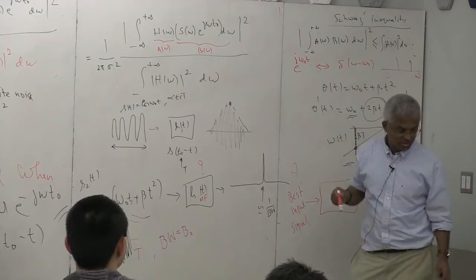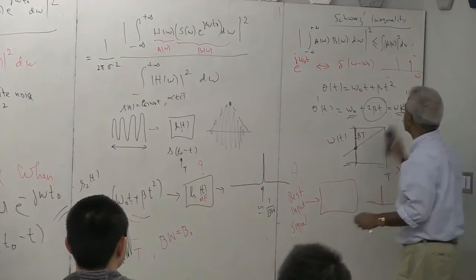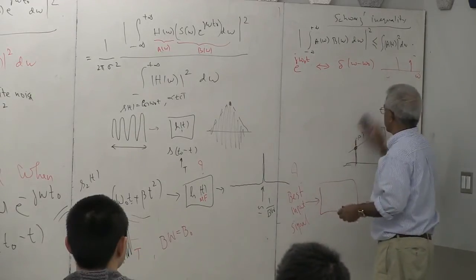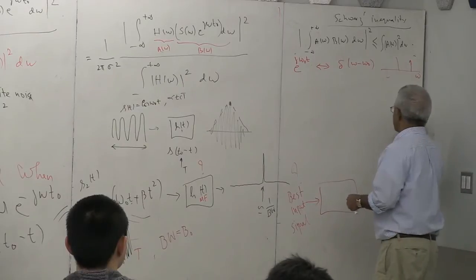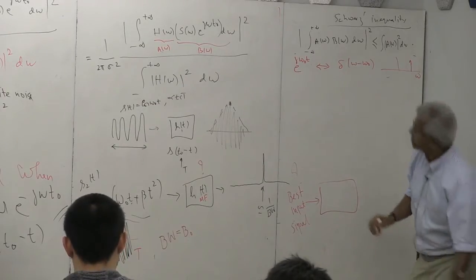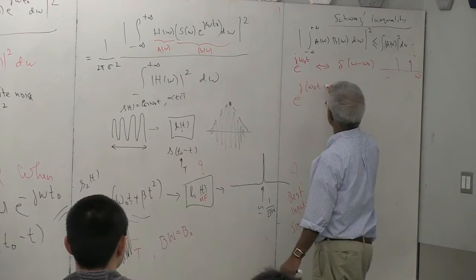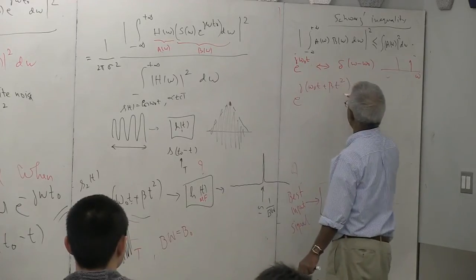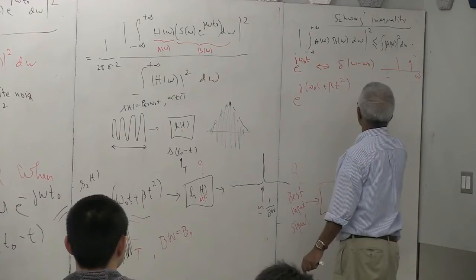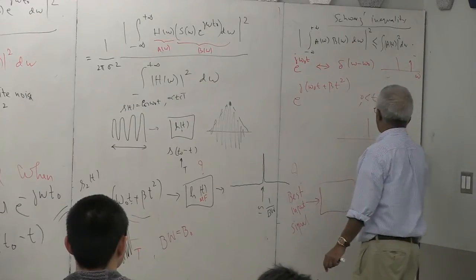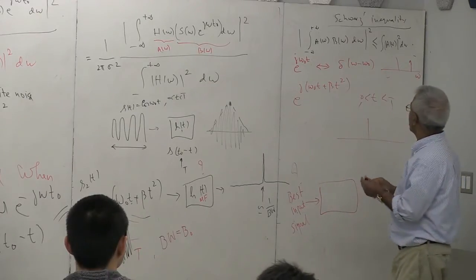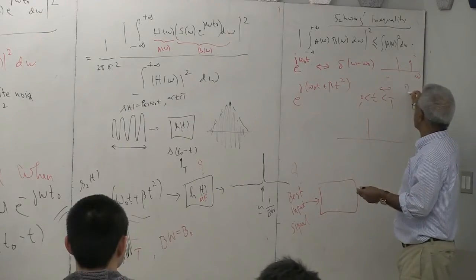Now how about this? So you can go home and do this, which is what I wanted to write as homework number 3. Again, all these are done. Suppose it is a complex chirp. I want you to find the transform of this and plot it.